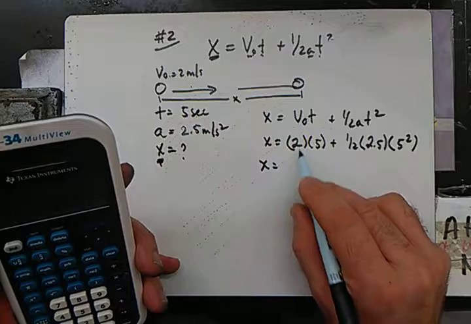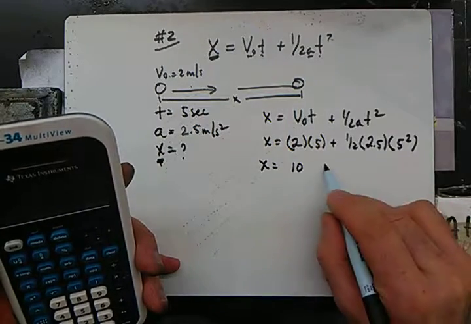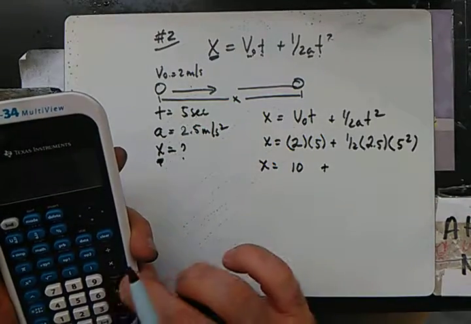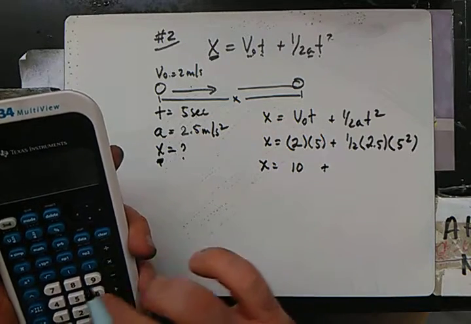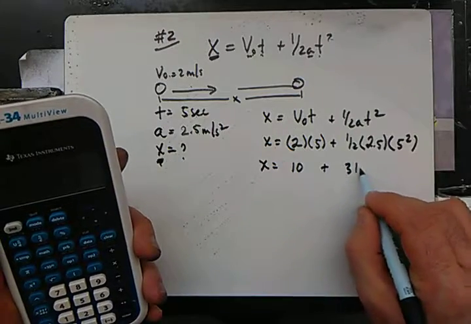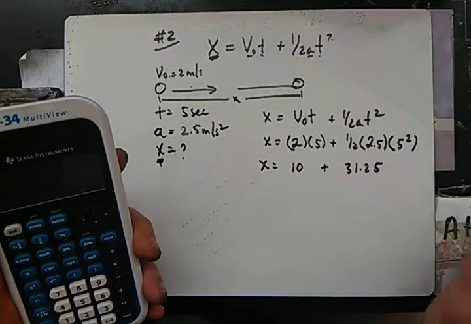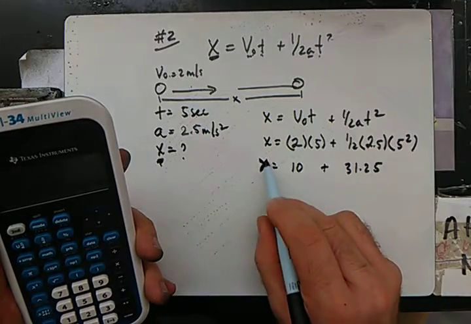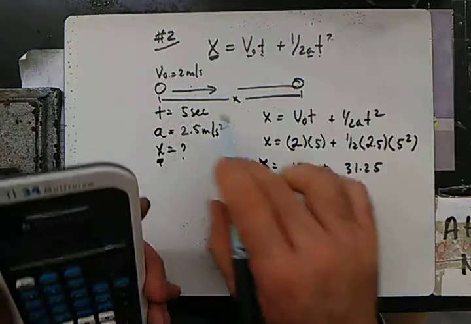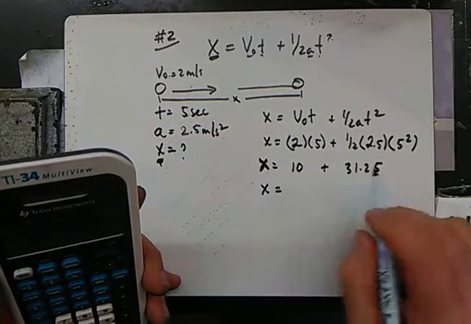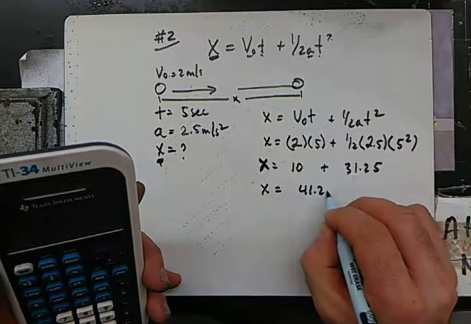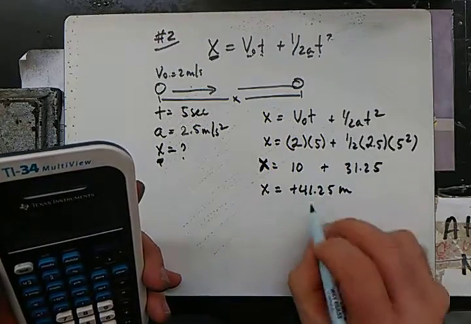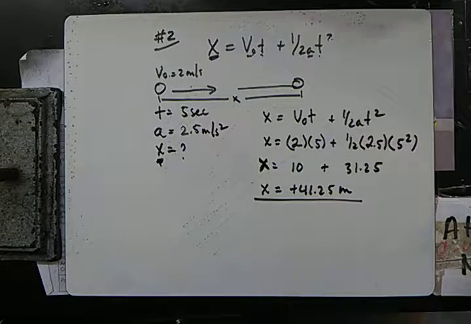How far it goes is 2 times 5, which is 10, plus 31.25. And these are in meters because we're looking at displacement. So this ball rolls a displacement of 10 plus 31.25, a positive 41.25 meters.